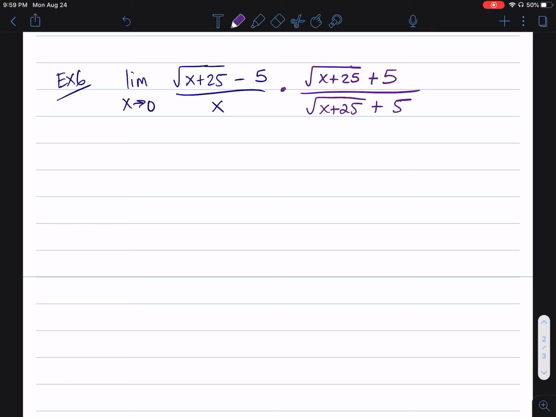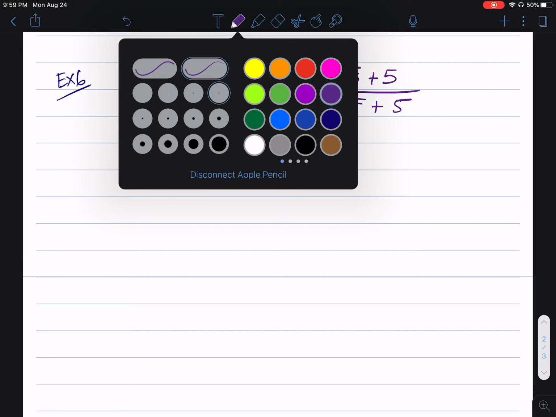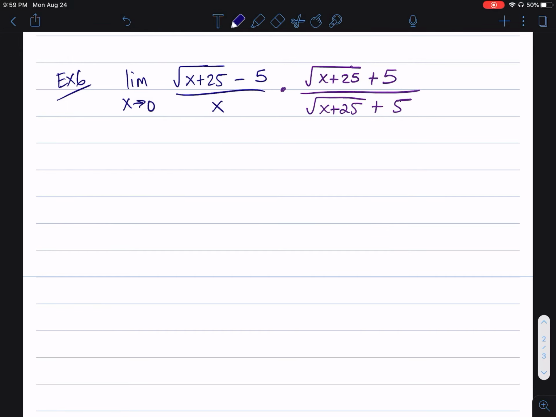Now, this is going to be the same scenario where I have this difference of squares problem. So the square root of x plus 25 squared is going to be x plus 25.